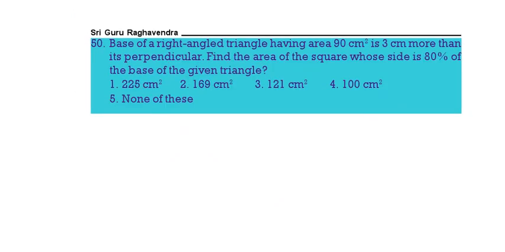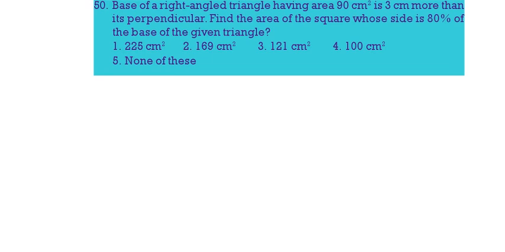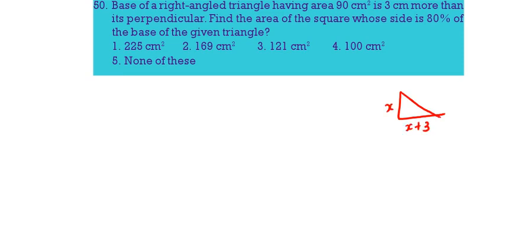Next, the base of the right angle triangle having area 90 centimeter square is 3 more than the height. So this is the perpendicular side, say x. The base is 3 more, so x plus 3. The area is 90, so half of base into x is equal to 90.